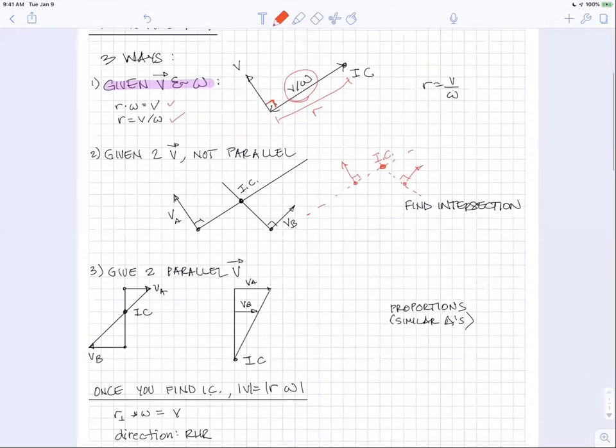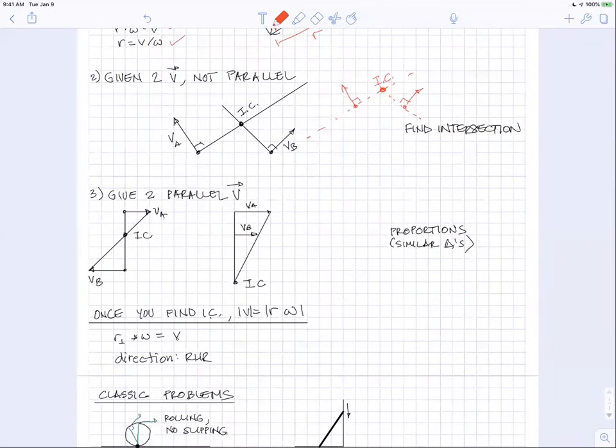And the third and final kind of problem is you're given two velocities, but they happen to be parallel. So you try your little trick like number 2, you know, perpendicular to that, and then you draw perpendicular to that one, and lo and behold, the two lines are on each other. They intersect everywhere. You can't find the point.